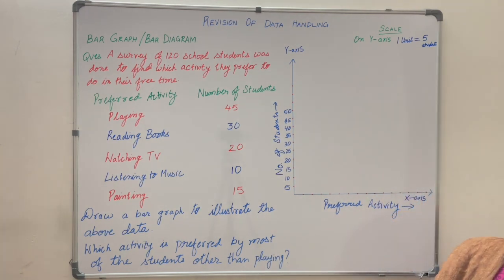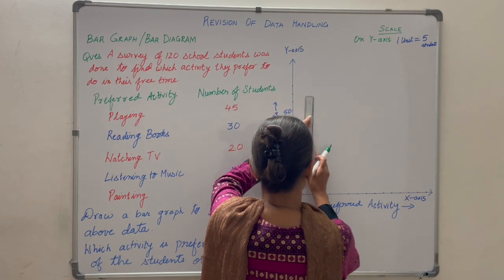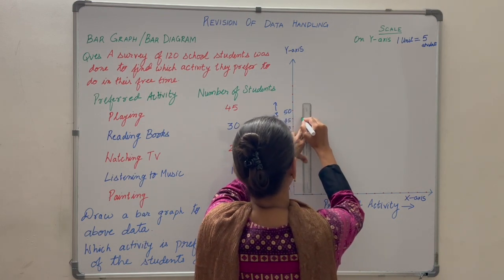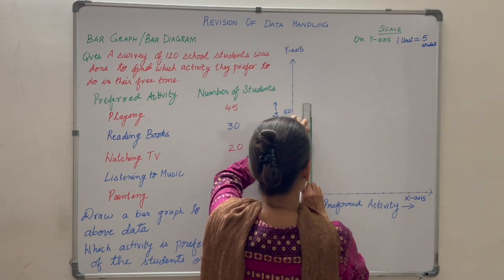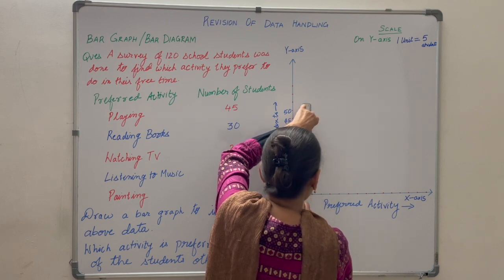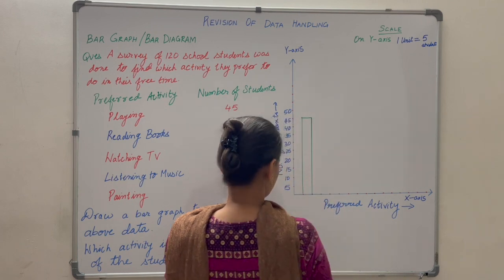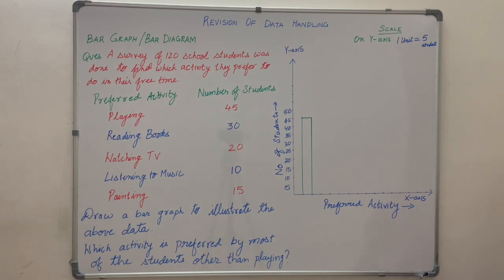So I am going to mark 45. This is your 45. So till here it is. So this is 45. This represents playing. So I'll write down here playing.